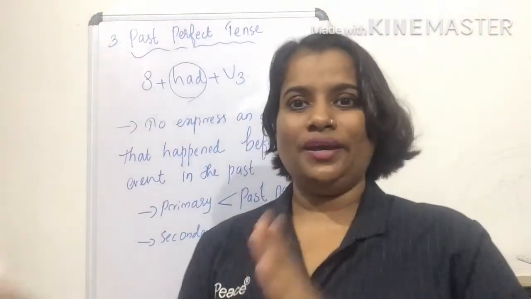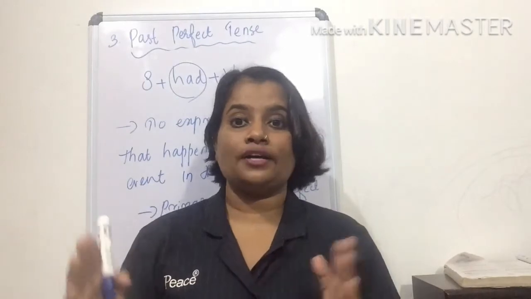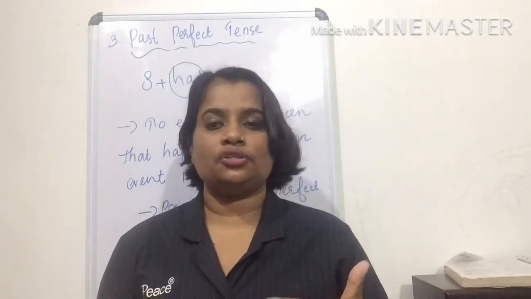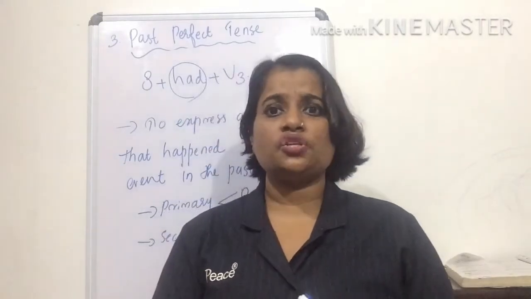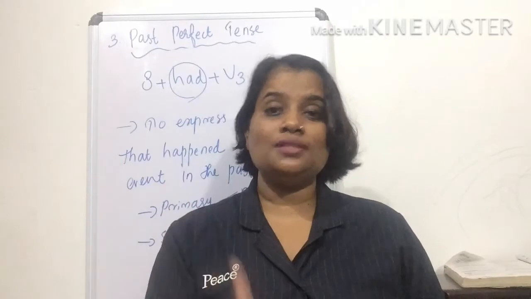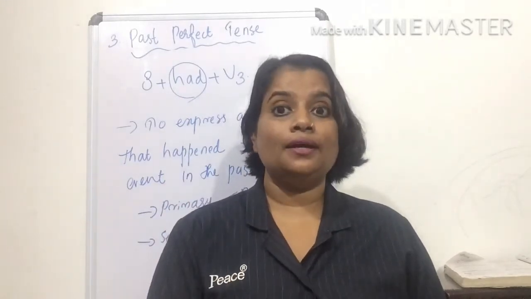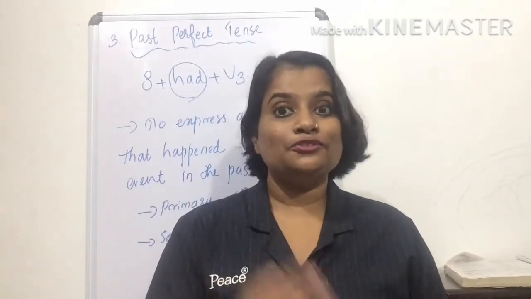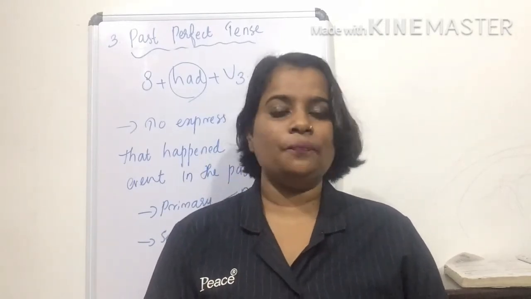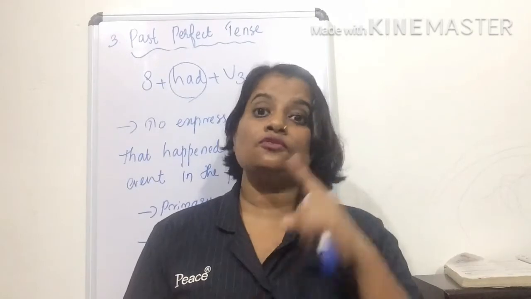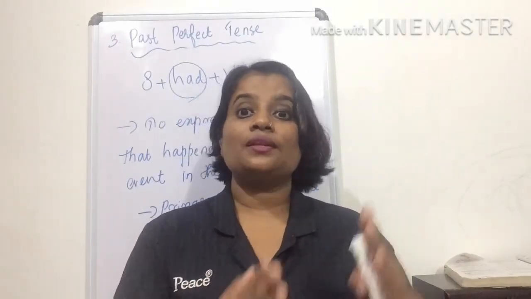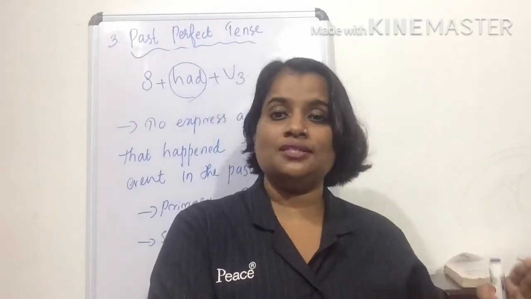I told you that we have two kinds of action over here, the primary action and the secondary action. Primary action means the action which happened first. Secondary action means the one which happened after the first action. Primary action, the first action, always takes place in past perfect tense.